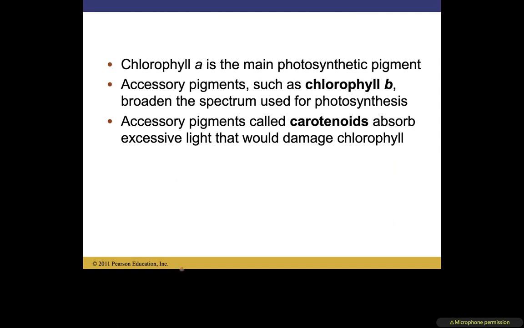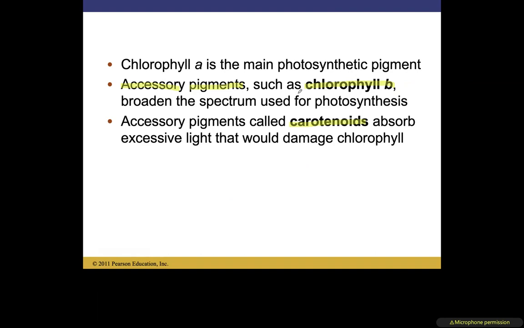So those two that I just told you about, your chlorophyll B and your carotenoids, are called accessory pigments. Like accessories, you can't go out the house without your accessories. And so, boom, carotenoids.